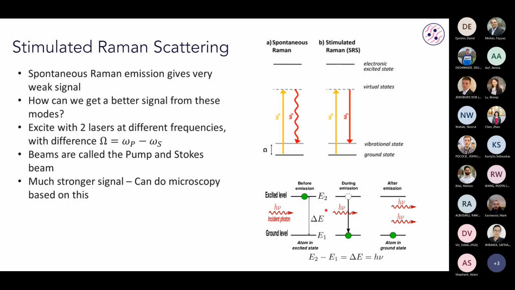You have your incident beam here stimulating this transition to the vibrational state and stimulating an emission of a further photon at that frequency. So this technique gives a much stronger signal that you can do microscopy on.